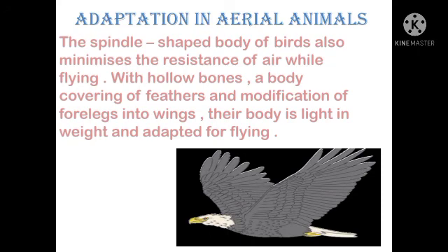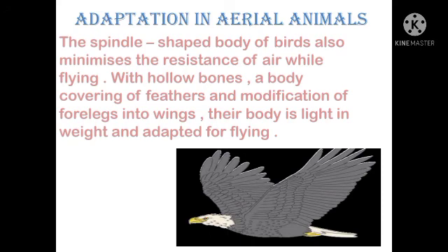So students, the bird's body is adapted in various forms for flying. Let's revise it once again. What all adaptations help the bird to fly in the sky? First, its spindle-shaped body, which minimizes the resistance of air while flying.